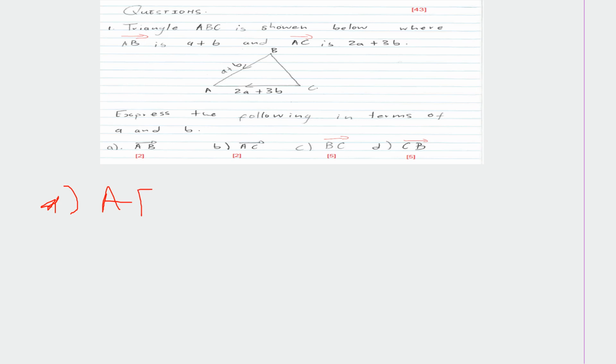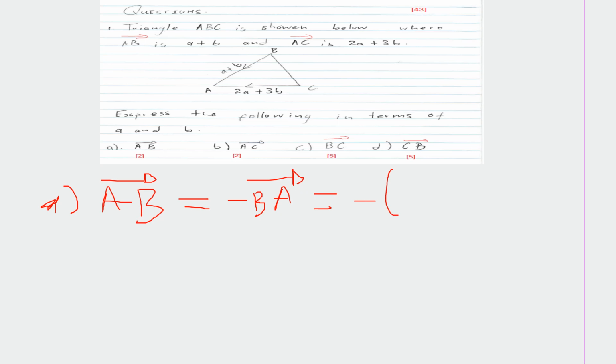So AB will be equal to, let's check our vector here, we are looking for AB. Remember, this vector is actually BA, but we are looking for AB. So basically, AB is equal to negative BA. But now what is BA?